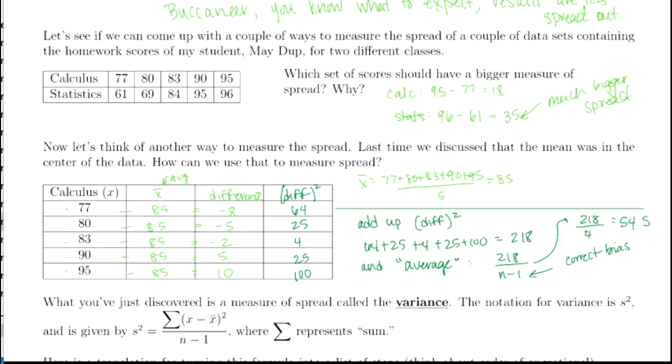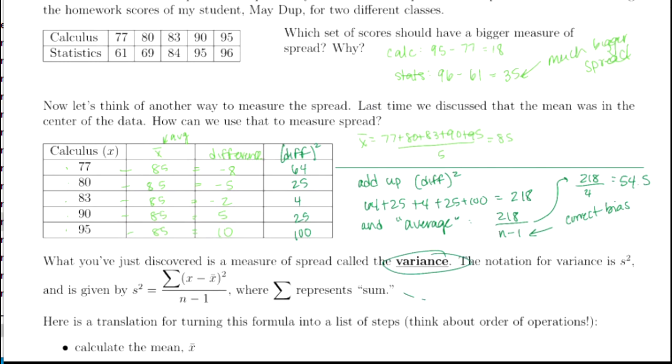Okay, so that is called the variance. That is the variance in this data set. The notation is s squared, and it's given by this: sigma of x minus x bar squared over n minus 1. So this is actually what we just did in that table.